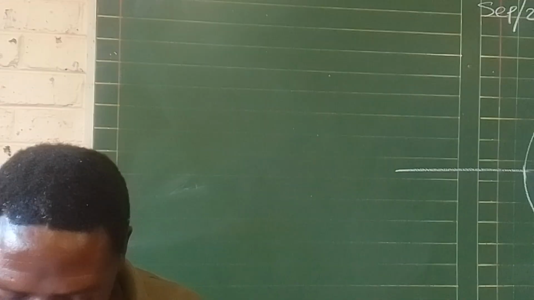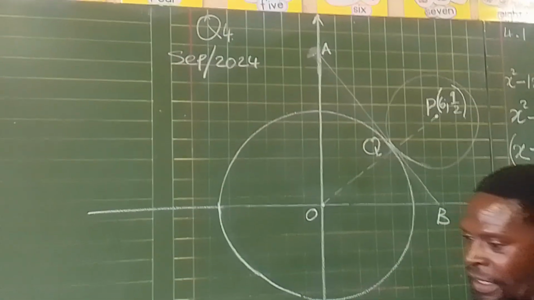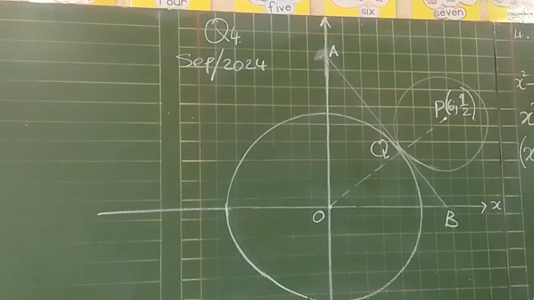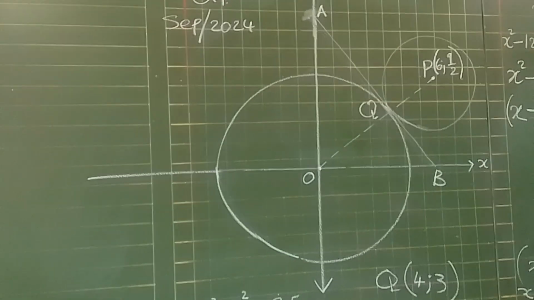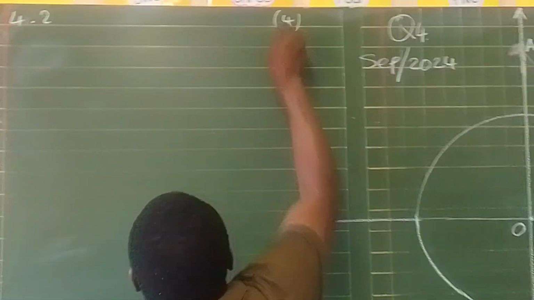Right, 4.2. 4.2 says determine the equation of the common tangent AB. They want us to find AB. Let's check how many marks that is. It is 4 marks.